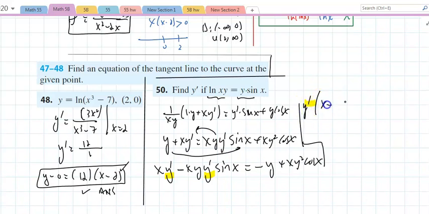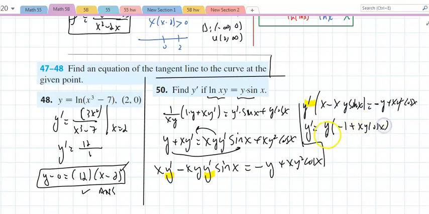Y prime times x minus xy sine of x will equal negative y plus xy squared cosine of x, and y prime would be, if you factor a y out of the top, you could take the negative, you could leave it in, it doesn't matter. Actually, you could leave it as is, just that it might simplify. And if it simplifies, you need to simplify it. I'm going to factor an x out of those. And nothing simplifies, so you could leave it as is. Or you could actually factor that out. It makes no difference.